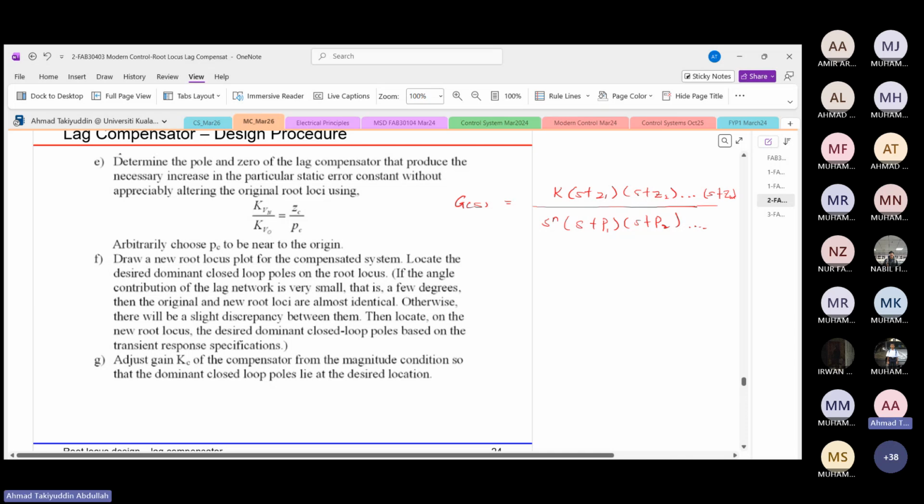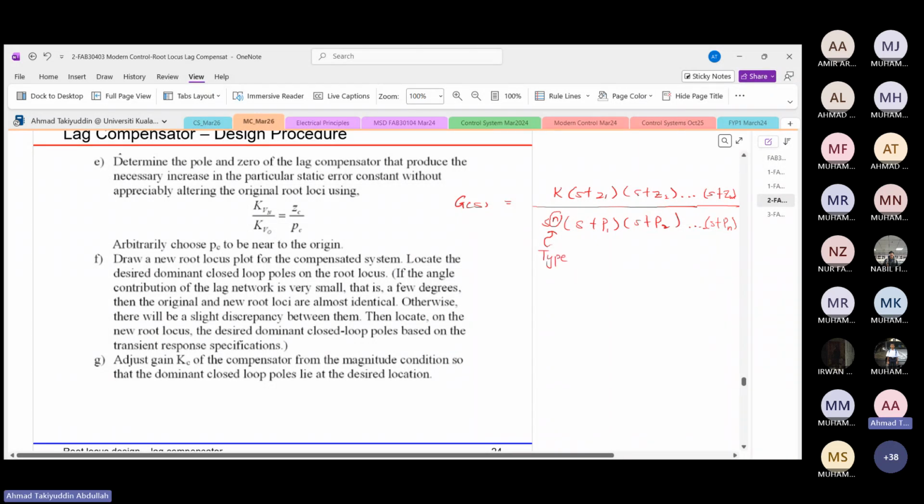And s plus pn, n is going to be the total number that we are going to have for the poles. And we are going to actually look at this n. So this n will determine whether the system is going to be type 0, type 1, or type 2.